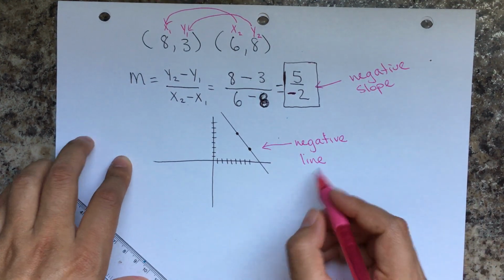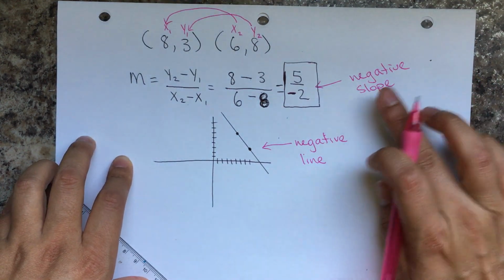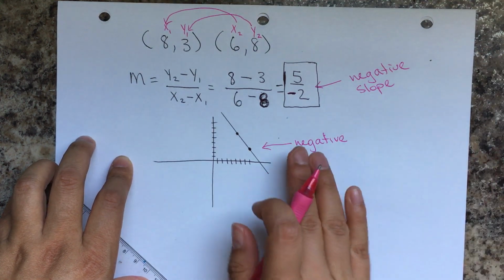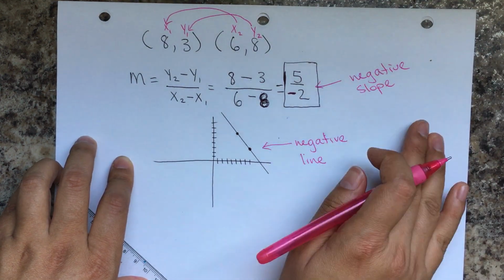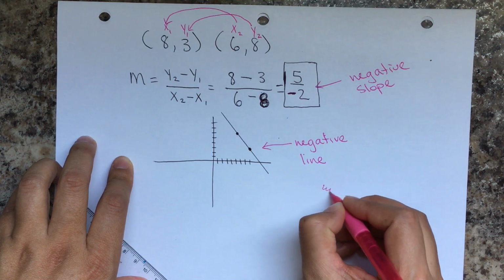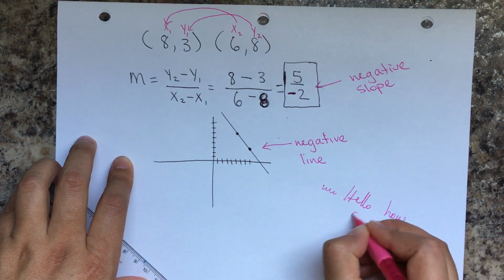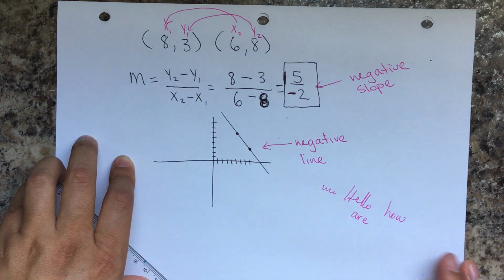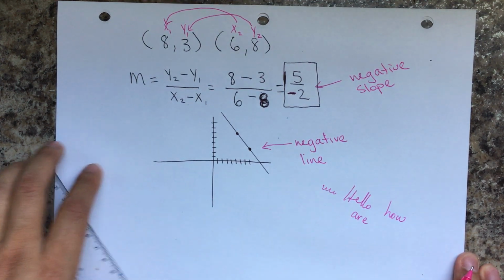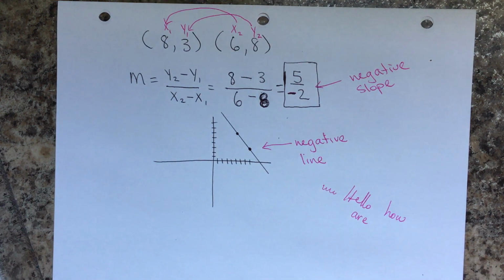It's like when you're writing, here I'm writing a little bit up, so that's positive. Negative would be like this. When you're writing a letter, hello, how are you, and you're going downward, from left to right you're going down, that means negative line, okay?